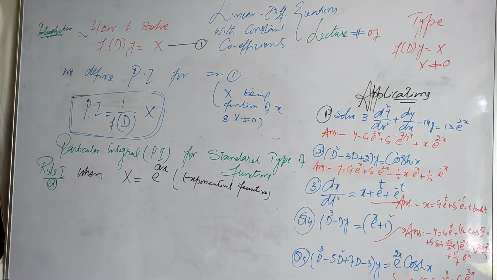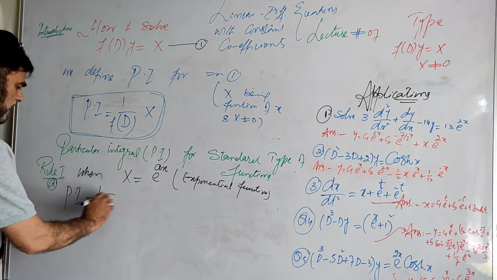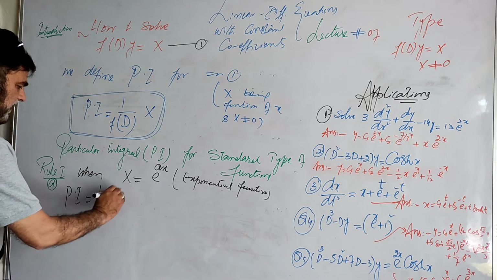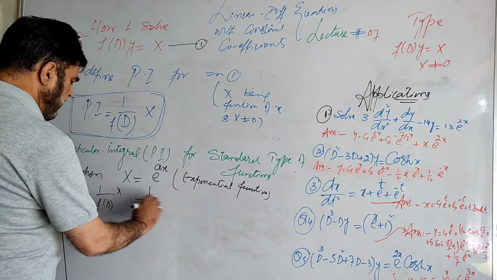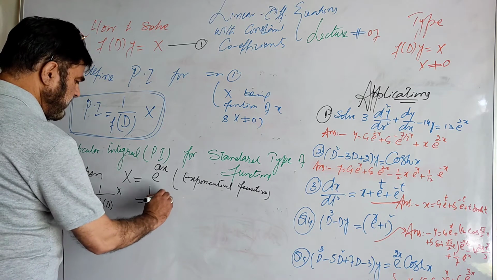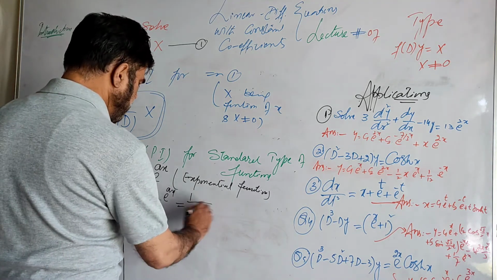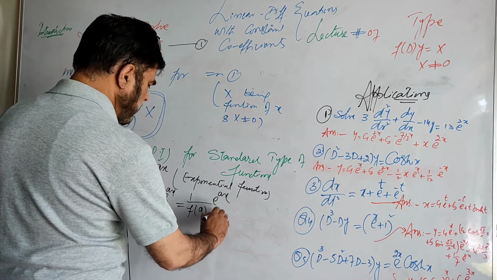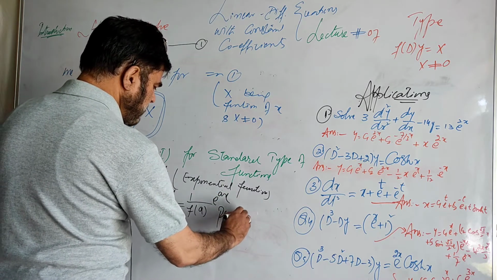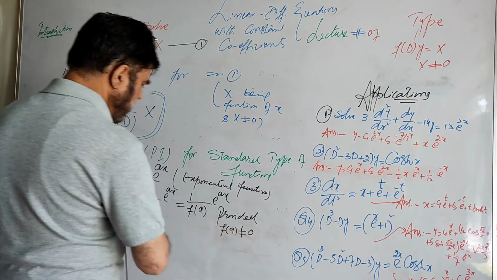The particular integral is given by again 1 by f of D into X, here X is e raised to power ax, and this particular integral is given by 1 by f of a, e raised to power ax, provided f of a is not 0.